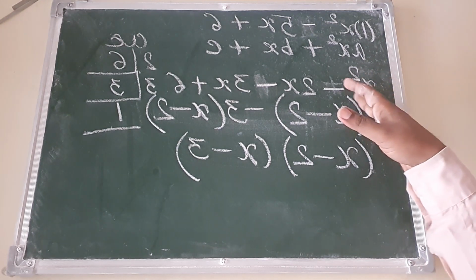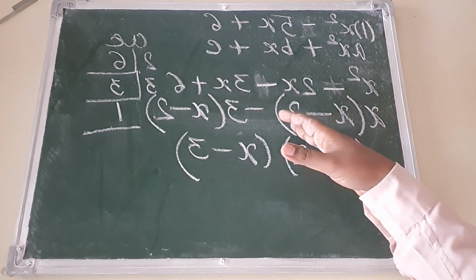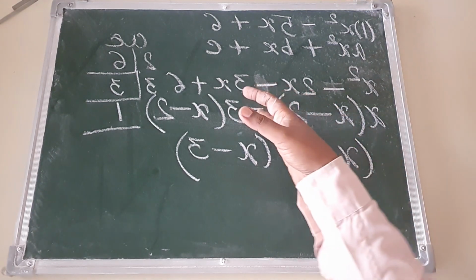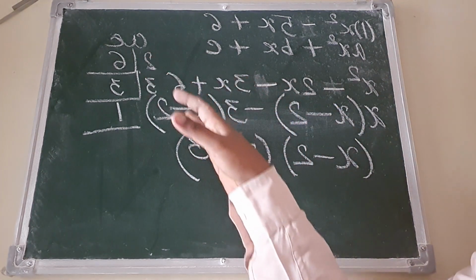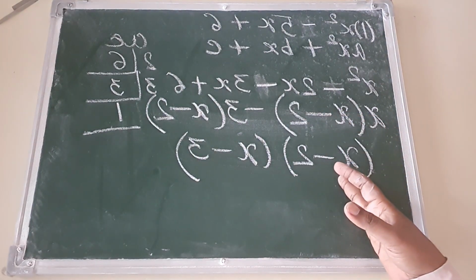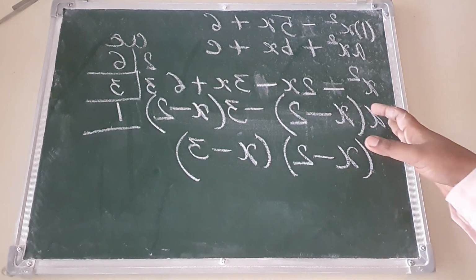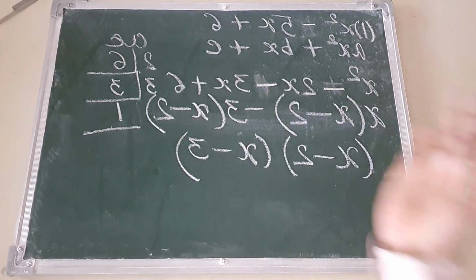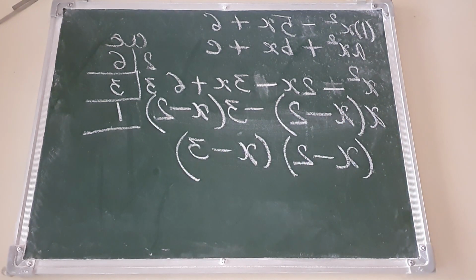Taking x common from the first two terms, it becomes x minus 2 in the bracket. Taking minus 3 common from the last two terms, it becomes x minus 2. So taking x minus 2 common from the two terms, the remaining is x minus 3. So x minus 2 and x minus 3. So this is our answer.